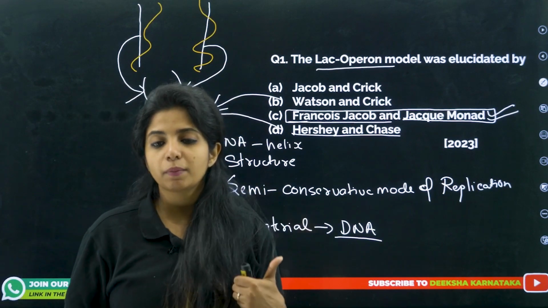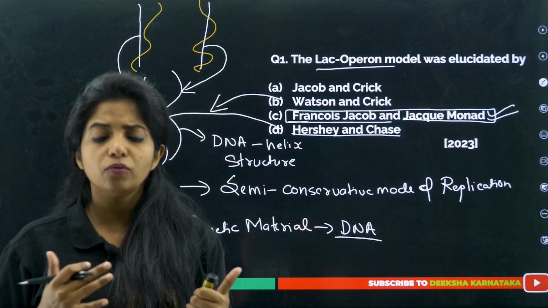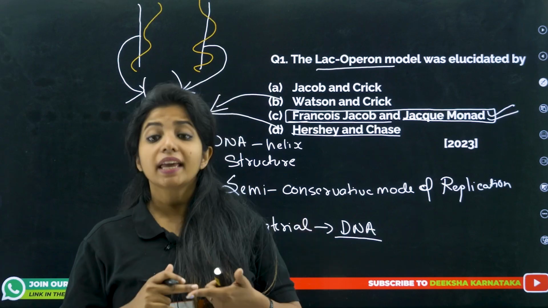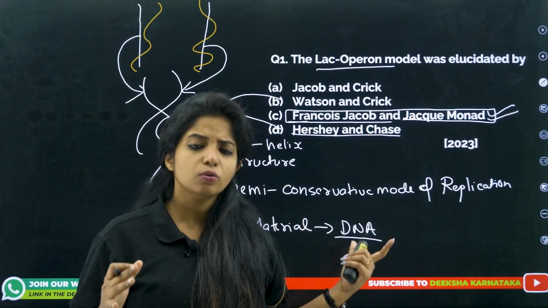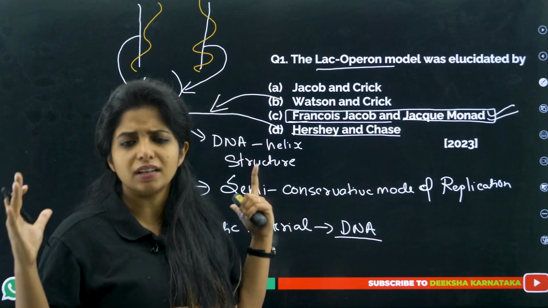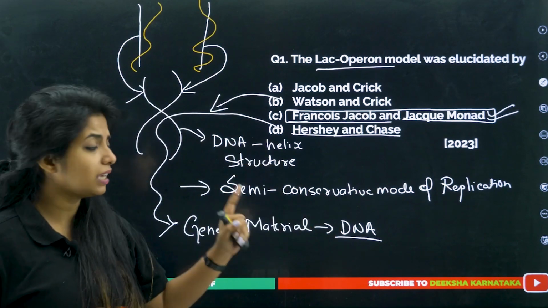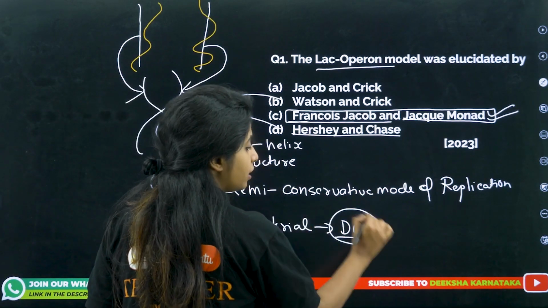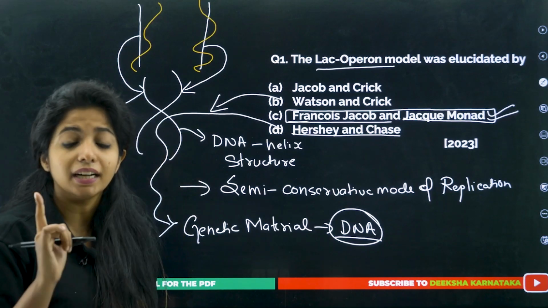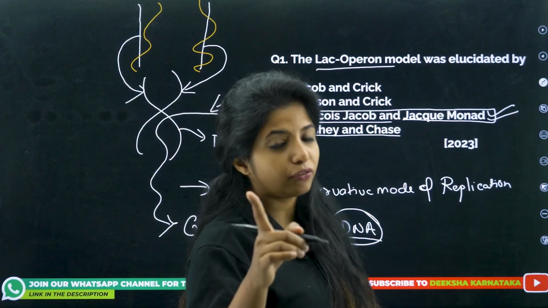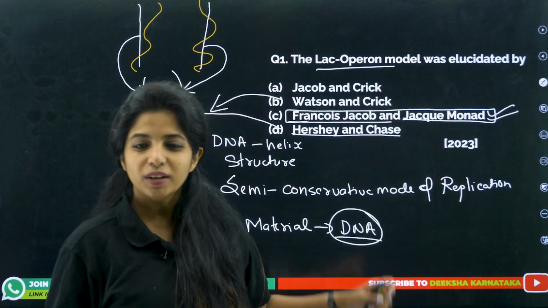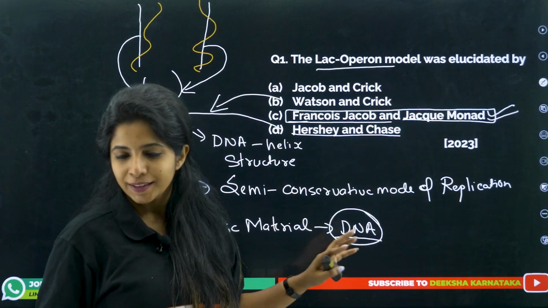He did an experiment to find out the genetic material, but people were still not very happy. Then Avery and MacLeod came. They were not able to entirely say that DNA is the genetic material. Lastly, Hershey and Chase came, and they said that DNA is definitely the genetic material, and they did the experiment with the help of bacteriophage and E. coli. So Hershey and Chase were the people who finalized this. I hope you know that.